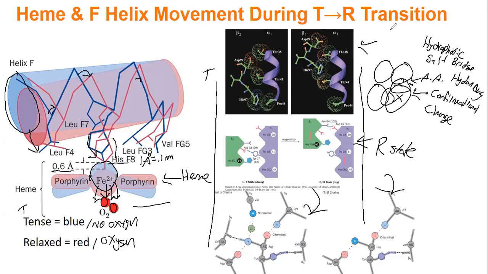Yes, R state binds oxygen better than T state because that iron is pulled down a little bit. That iron's in a better position to interact with oxygen. It's closer to oxygen. So yes, the R state wants to bind oxygen. The blue state does not. Or rather, red state, relaxed state has higher affinity for oxygen.